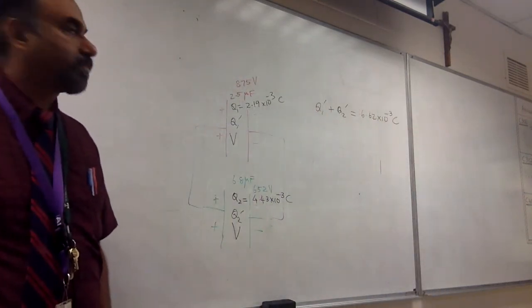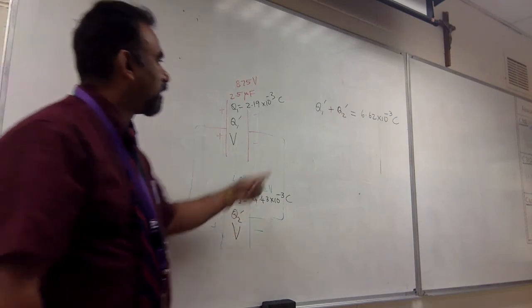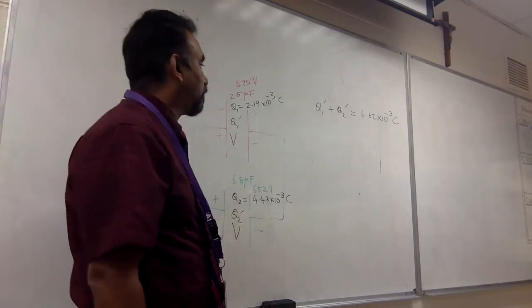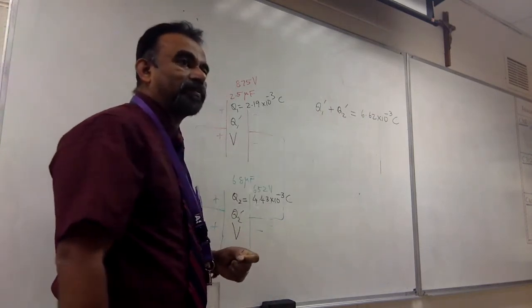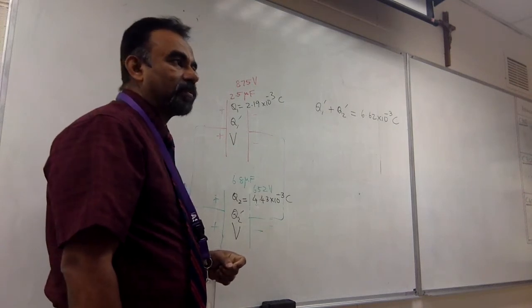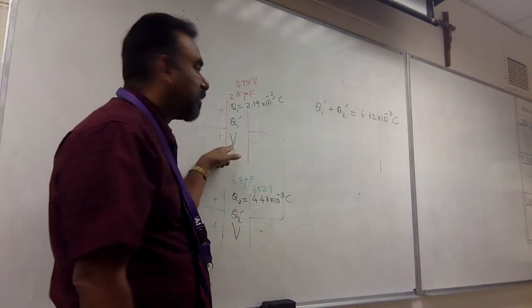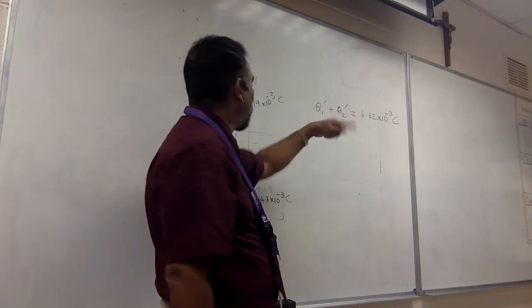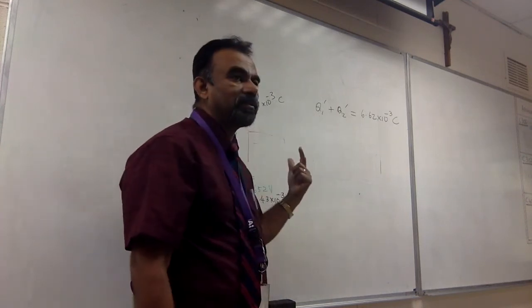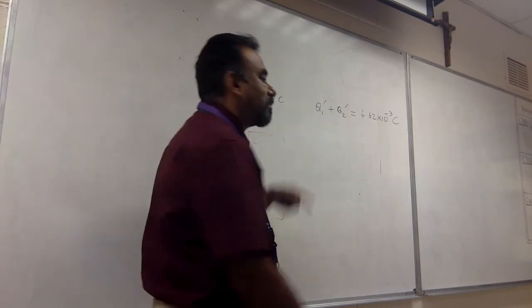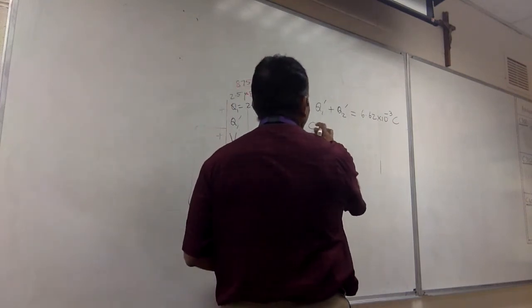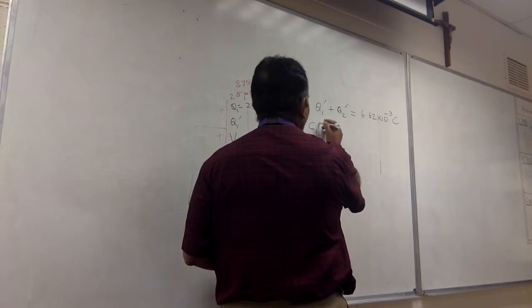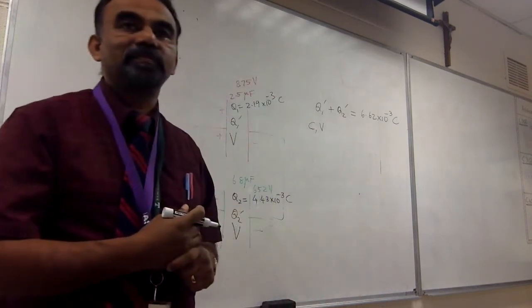Now, can you get me an expression for Q1 prime in terms of the new voltage V? In terms of the new voltage V, can you express Q1 prime the same way as you found this charge Q1? What is Q1 prime? Isn't this C1 times V? Yes? And what about the other one?